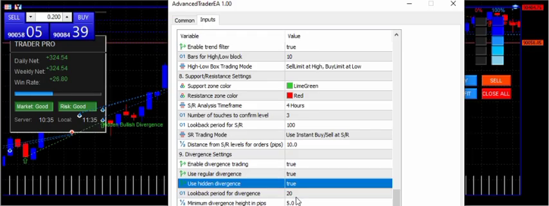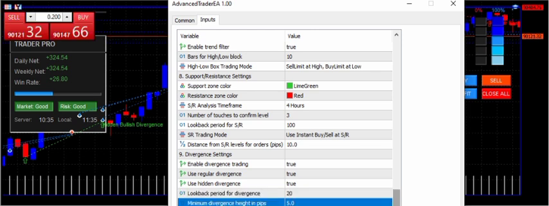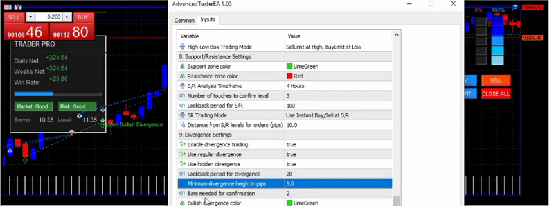Now, let's look at what period we want it to look back and calculate the divergence. I use 20 bars, so you can use any other one. Minimum divergence height, you leave the default. Now, bars needed to confirm. For it to confirm that this is the divergence, how many bars? I always use two bars.